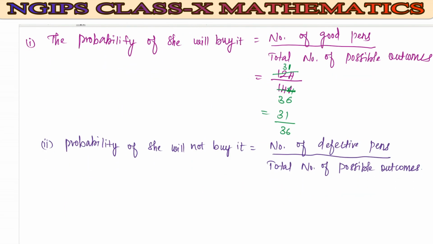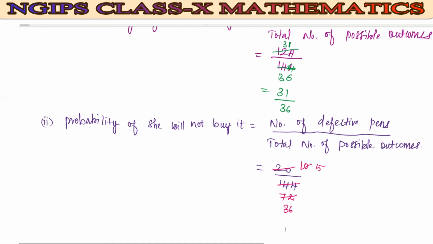Now if you look at this, 10 2s are 20 and 7 2s are 14, 2 2s are 4, 5 2s are 10, and here you will get 36 2s are 72. So the probability for defective pens is 5 by 36. So this is the answer.